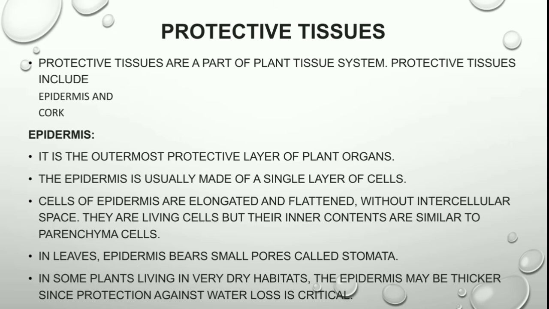Cells of epidermis are elongated and flattened without intercellular space. As their function is protection, there is no intercellular space present between the cells. They are living cells, but their inner contents are similar to the parenchyma cells. Epidermal cells on aerial parts of the plant secrete a waxy water-resistant layer on their outer surface.